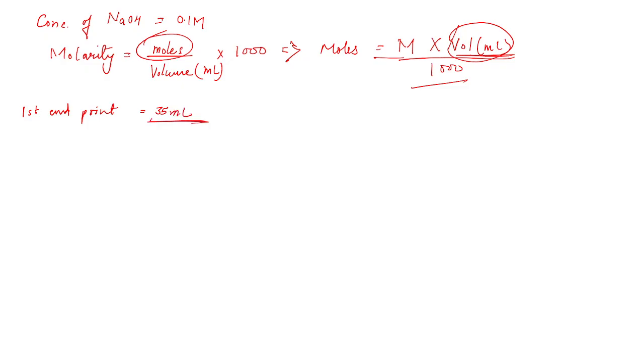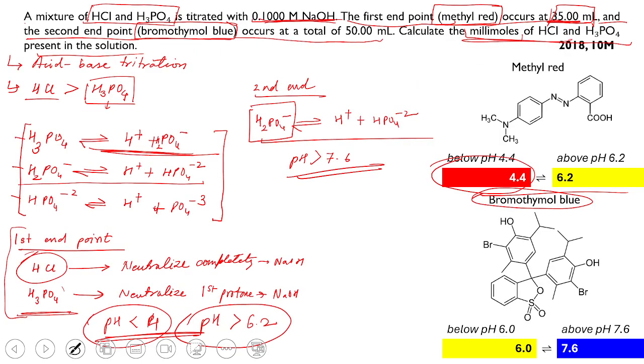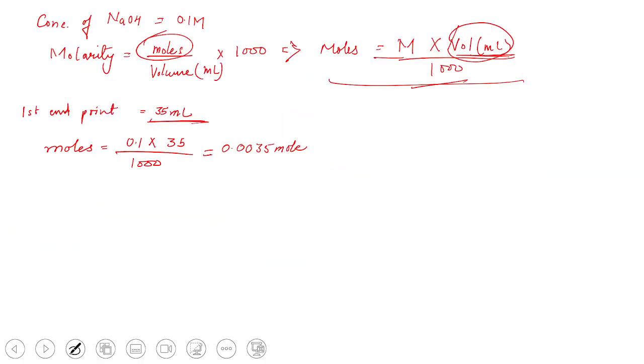In this 35 ml we calculate how many millimoles of NaOH there are using this formula. So moles equals 0.1 multiplied by 35 ml divided by 1000. It gives you 0.0035 moles, but the question asks for millimoles, so let's convert it into millimoles.